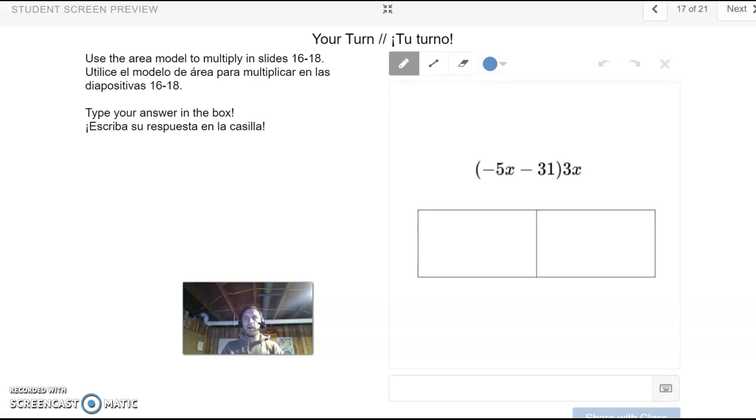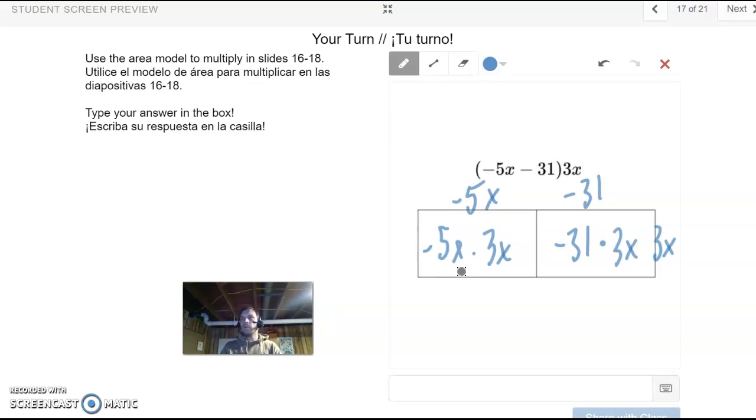All right, hopefully you paused and tried this. You get negative 5x here, negative 31 here because it's minus 31, 3x right here, and so we get negative 5x times 3x and negative 31 times 3x. Multiply those out and you get negative 15x squared, and negative 31 times 3x is negative 93x.